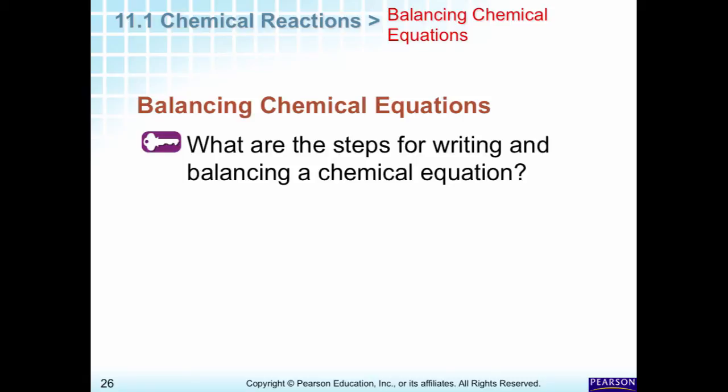All right. What are the steps for writing and balancing chemical equations? So now we're going to go from our skeleton equation to a fully balanced equation, which takes into account the law of conservation of mass.